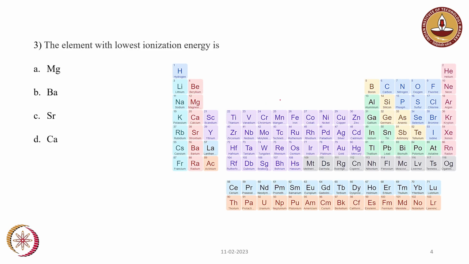In the periodic table we have magnesium, barium, strontium, and calcium. They are all present in the same group, group number 2. And we know that ionization energy decreases down the group and increases along a period.